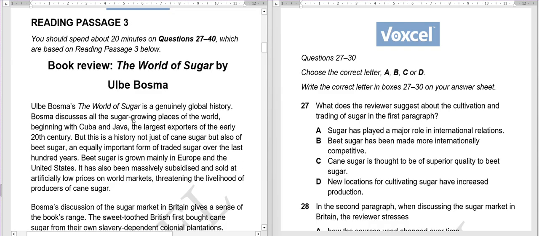Okay, so why do we read the title? Because it helps us understand what kind of information may be given in the paragraph. From this title, it's quite clear that this passage will contain the review given in this particular book. The world of sugar, so it may be about why we invented sugar, or what the reasons were that we needed sugar in the past, or now.